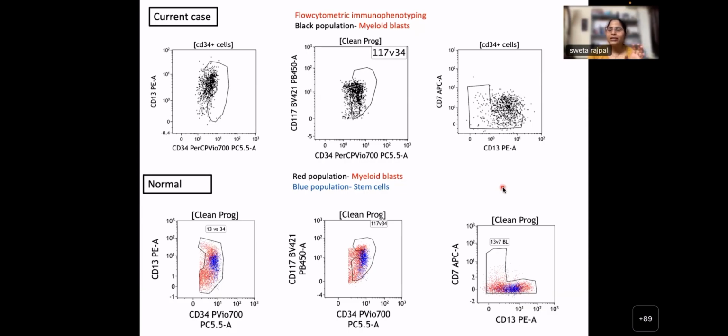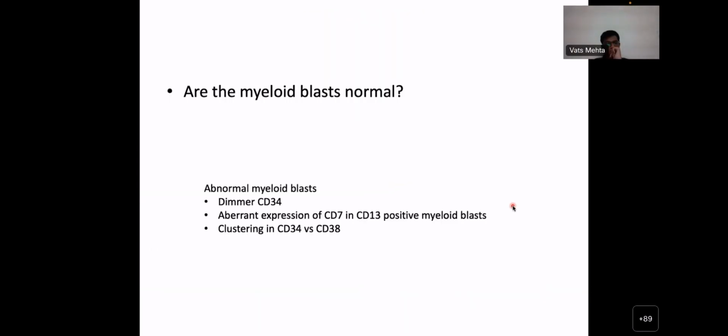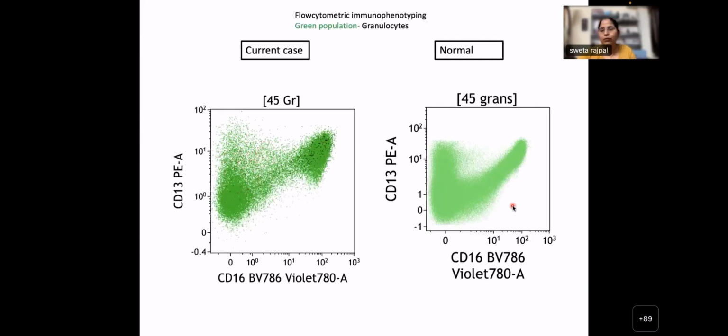So just based on the CD34 positive component, you should not comment on the percentage of blasts on flow. You have to take into account morphology for quantifying the exact percentage of blasts. Okay. So now we have seen that these blasts are abnormal, and we have seen what the abnormalities were.